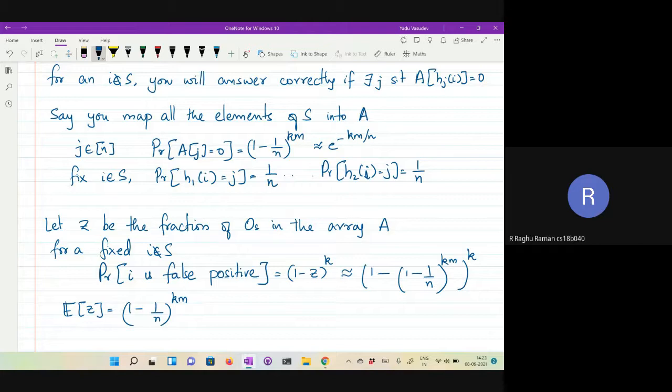Are you asking like the law of large numbers also? Yes, so what I'm asking for is some kind of concentration, right? So you have a random variable Z. I want to replace Z with its expectation.